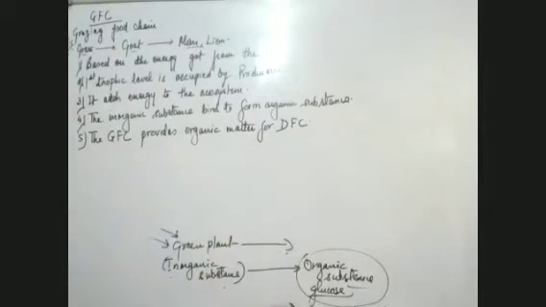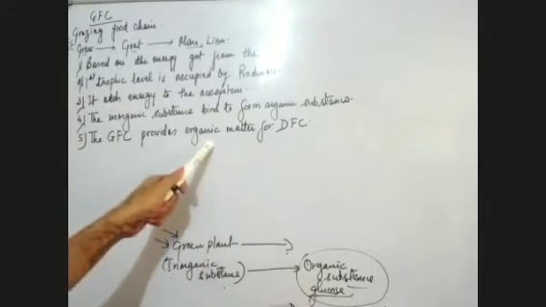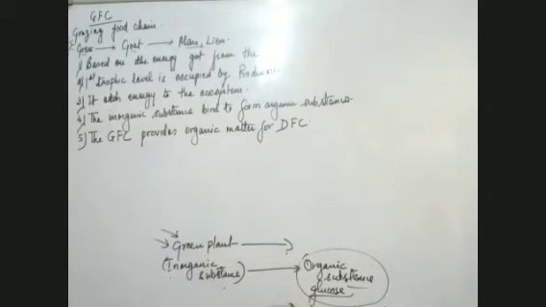The first trophic level of the DFC is decomposers and detritivores. They break this organic matter into small pieces, and then those small pieces are further broken down, further mineralization takes place, humification takes place. So these are the points of grazing food chain.